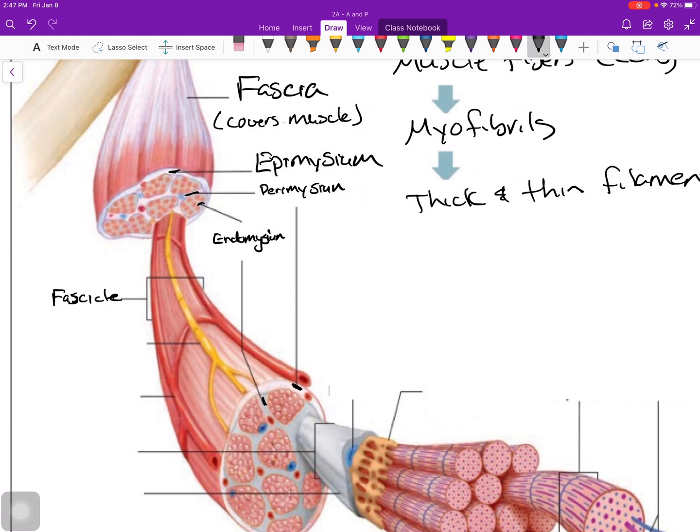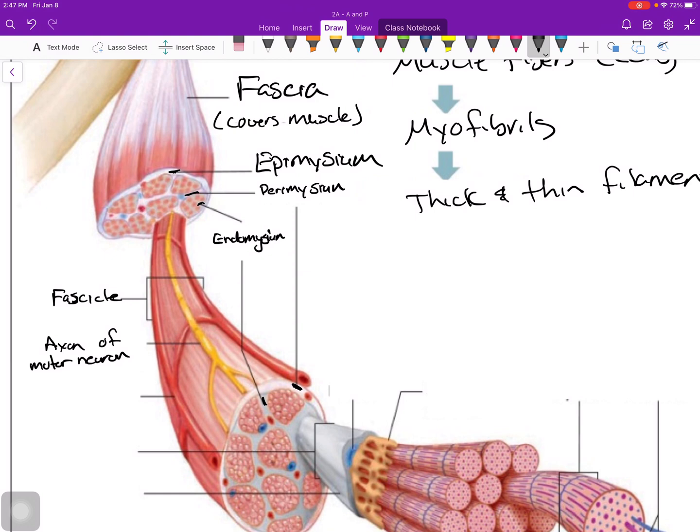All right, and then you can see this would be part of the nervous system, guys. This is the axon of a motor neuron, and the nervous system is very important for stimulating the nerve, the nerve stimulating the muscle fibers to produce movement.